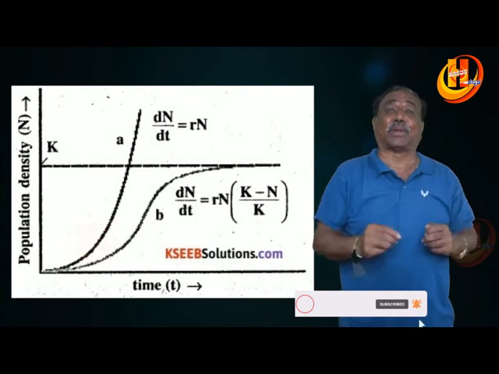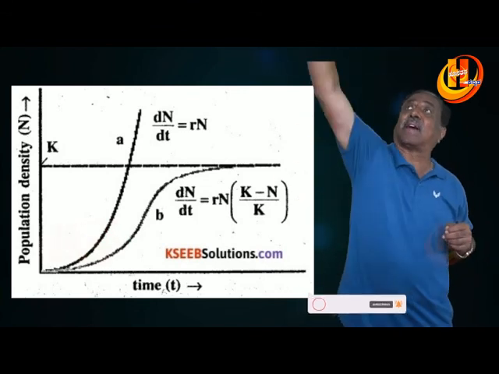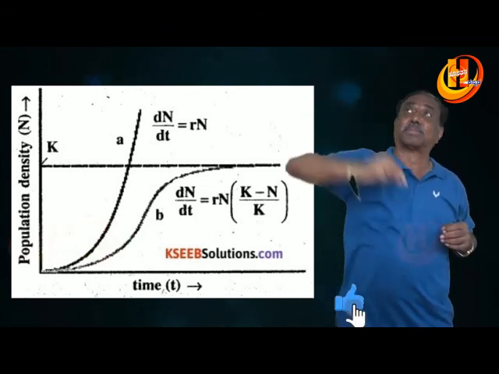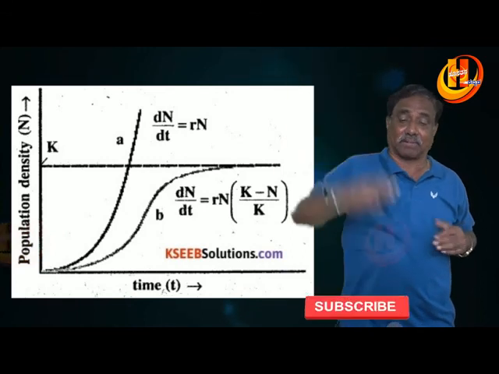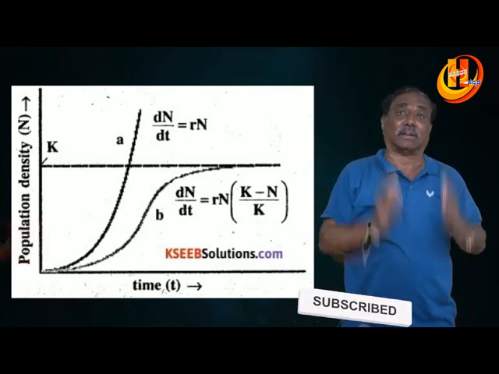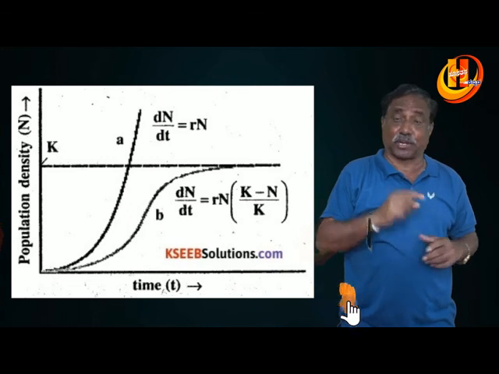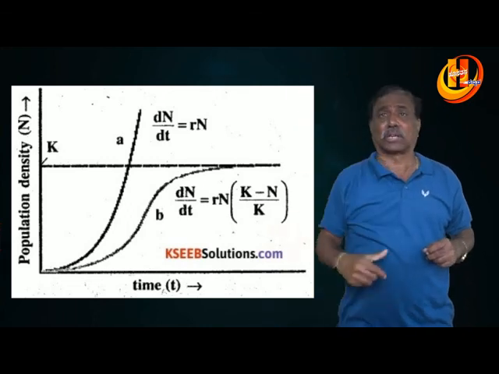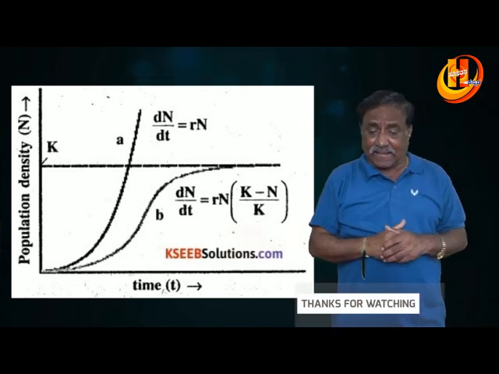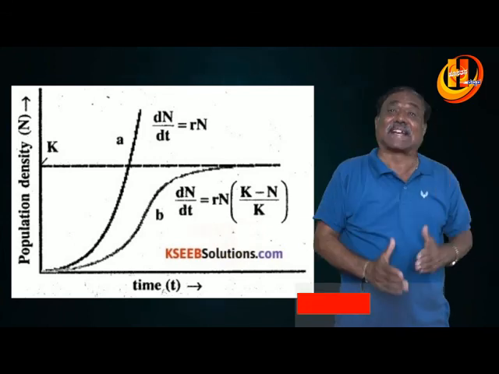The exponential growth curve is a J-shaped curve, and there is one more called the logistic curve.